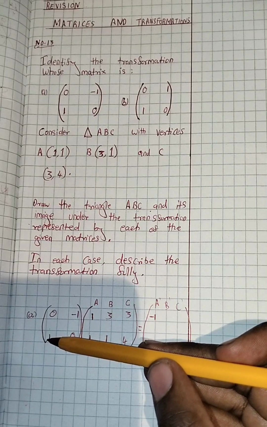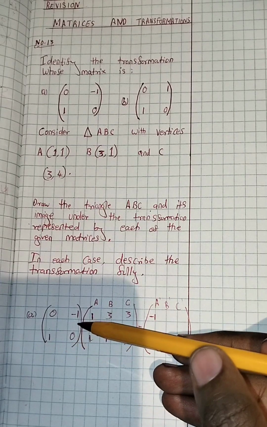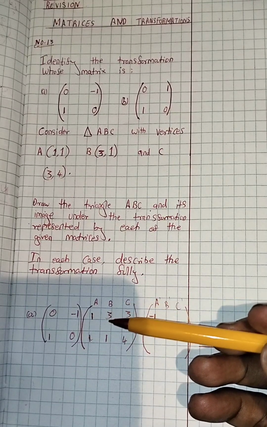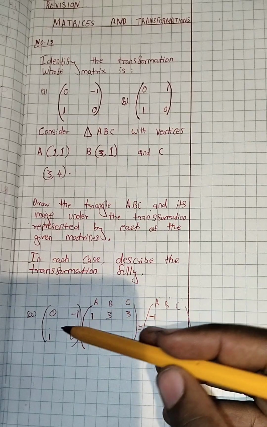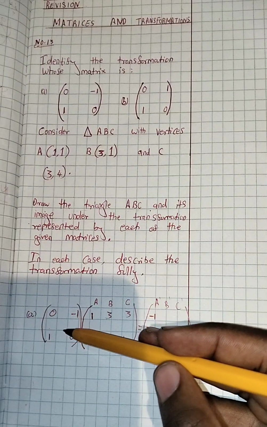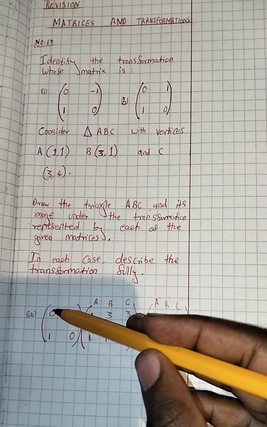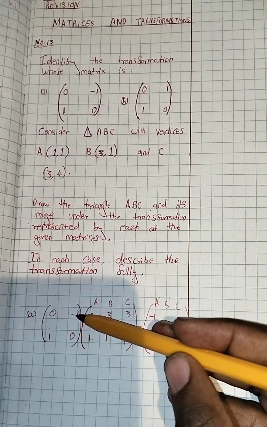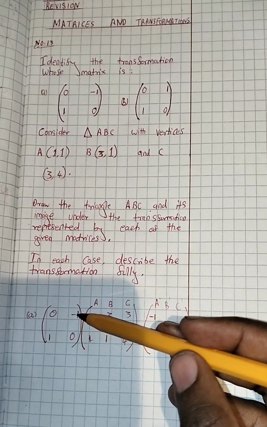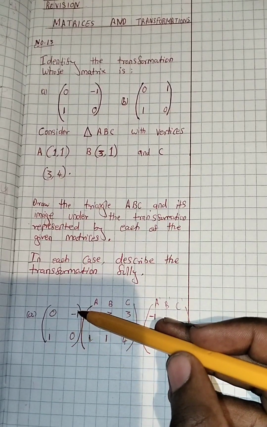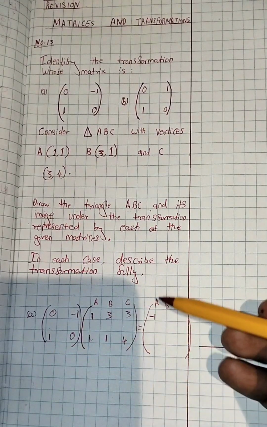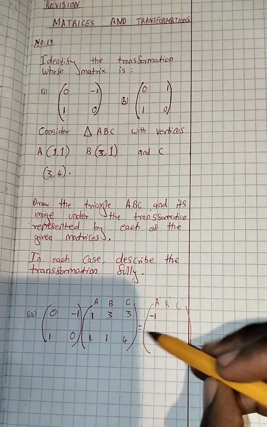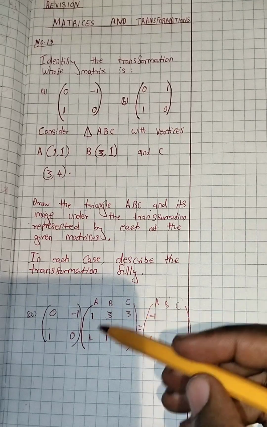So what I'm doing is what you call pre-multiplying the position vectors of each. But remember that you don't have to use 0 in this case, since 0 is not being used here. What you are going to use are the numbers which are diagonal, negative 1 and 1. So I multiply this one times this one, which is positive 1, and I write it here.